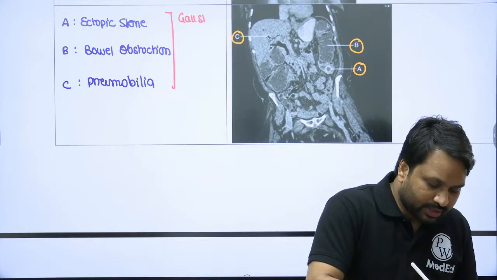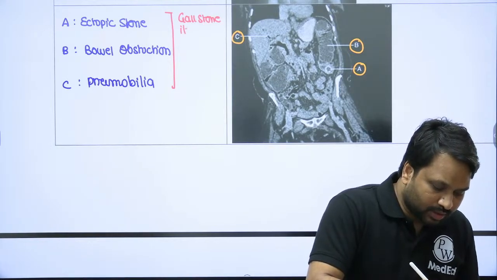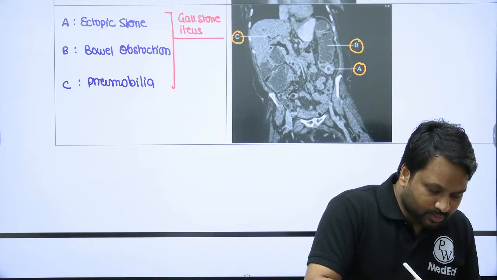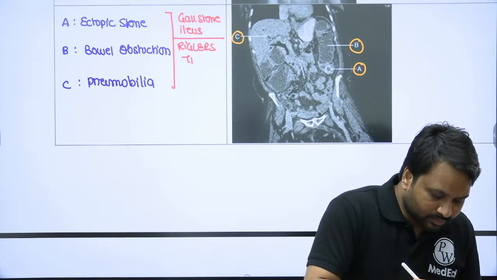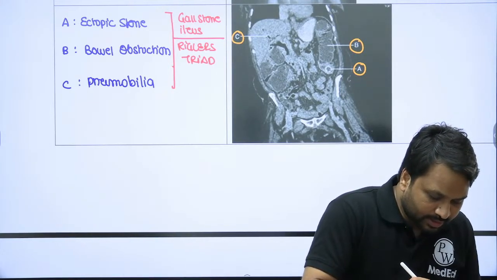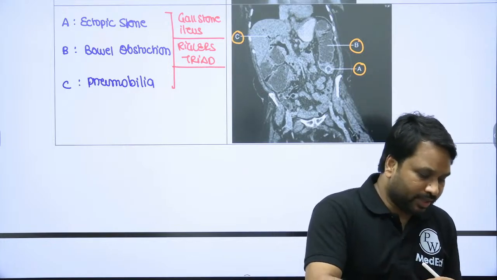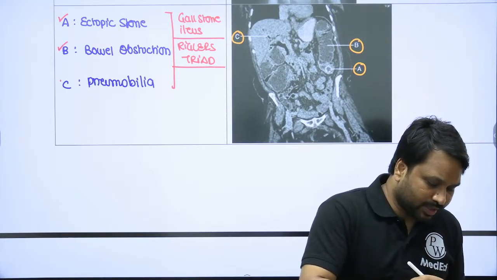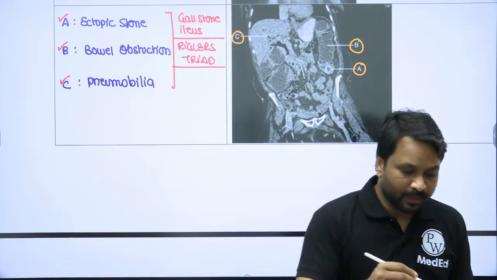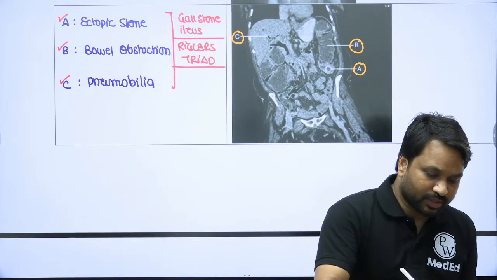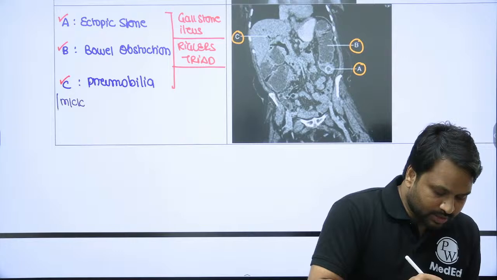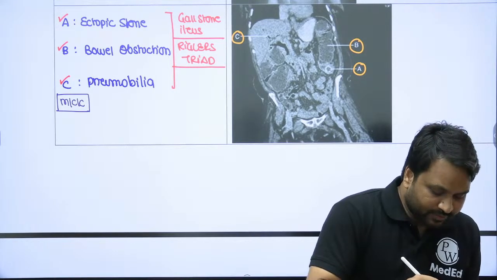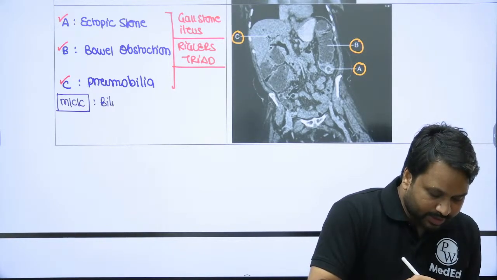This is what we see in gallstone ileus, and this is what we call Rigler's triad. So ectopic stones, bowel obstruction, as well as pneumobilia are present. Now the most common cause for this is a bilioenteric fistula.